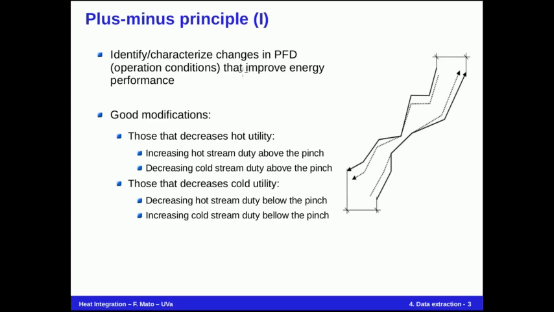Following it, good modifications are those that decrease hot utility, increasing hot stream duty above the pinch or decreasing cold stream duty above the pinch, or those that decrease cold utility. It is decreasing hot stream duty below the pinch or increasing cold stream duty below the pinch.